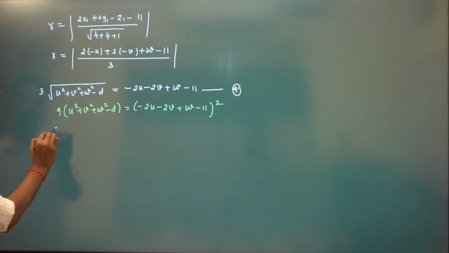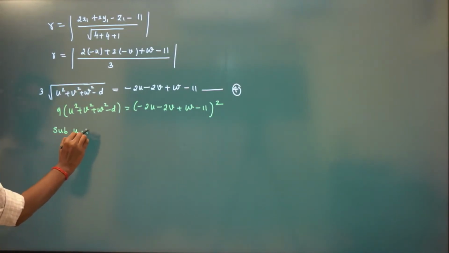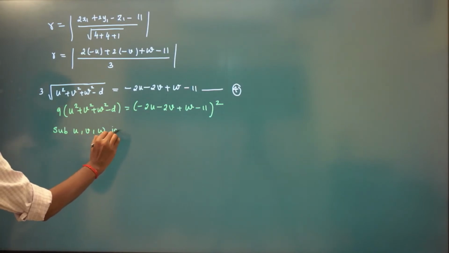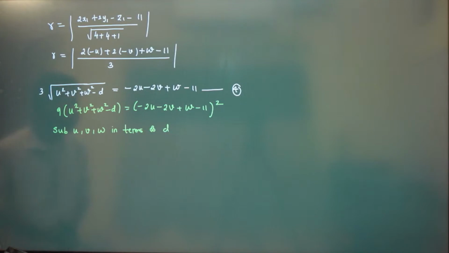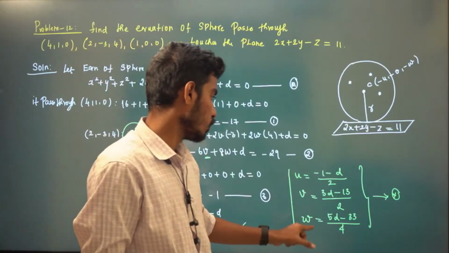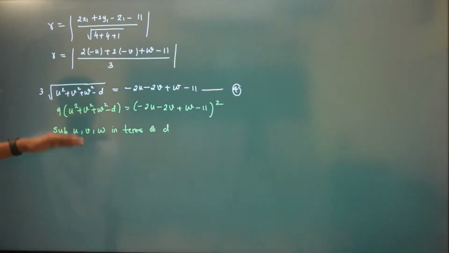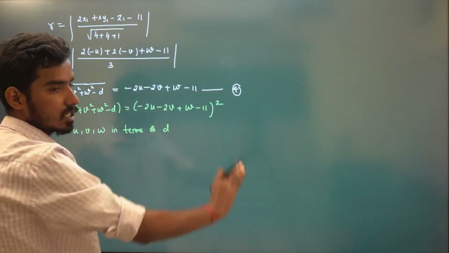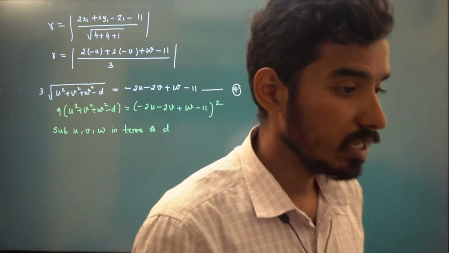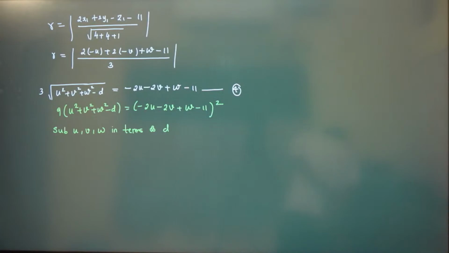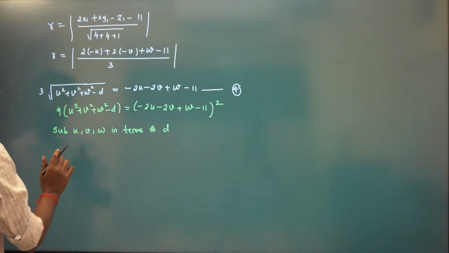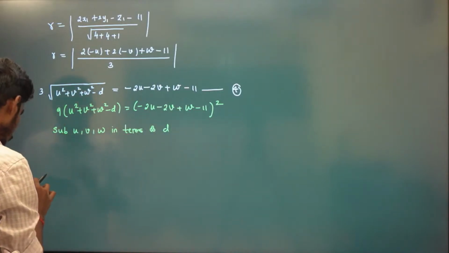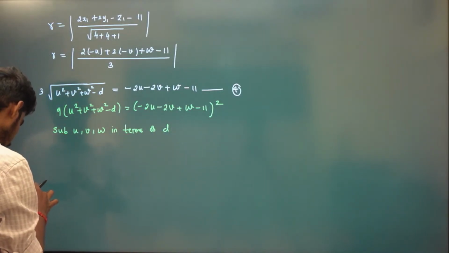Now substitute u, v, w in terms of d. Now everything will be in terms of d. So solve for d. We will have d to be equal to 5.